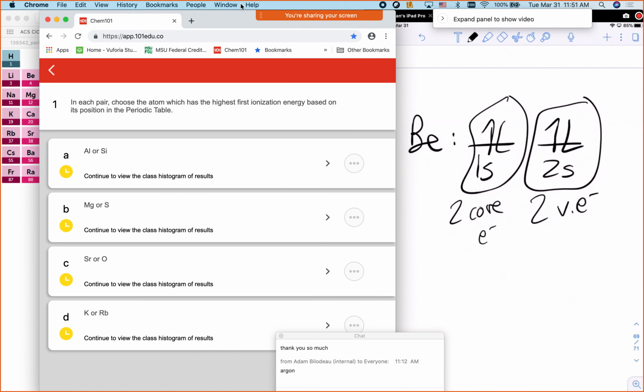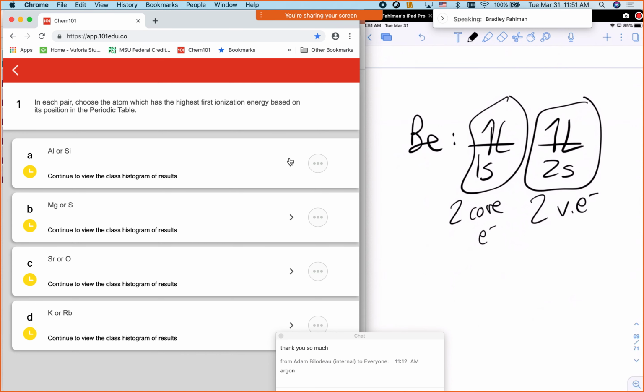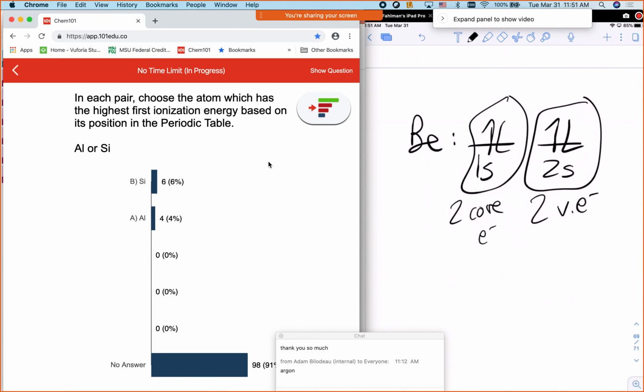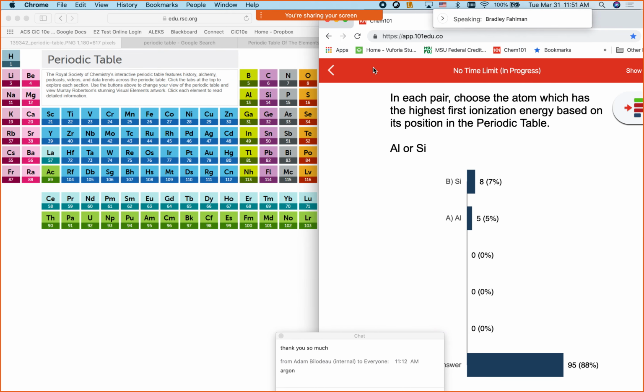This one's close too. As you go left to right in the periodic table, remember that ionization energy was going up. So you're right, silicon would have the highest ionization energy. In other words, it's harder to remove electrons from silicon than it is from aluminum.